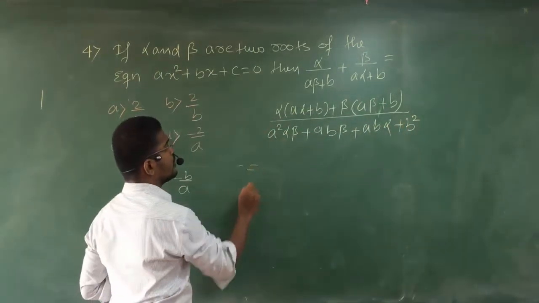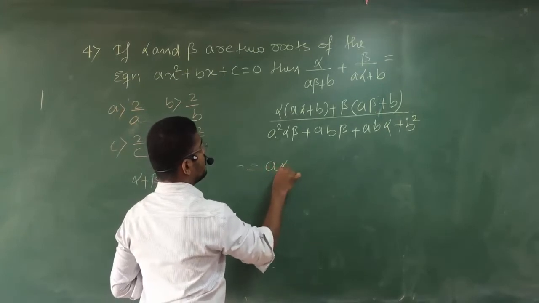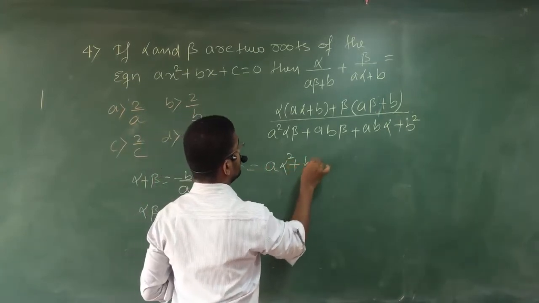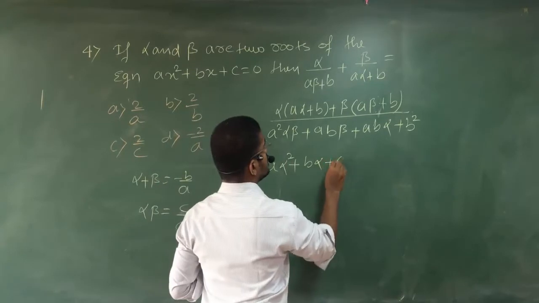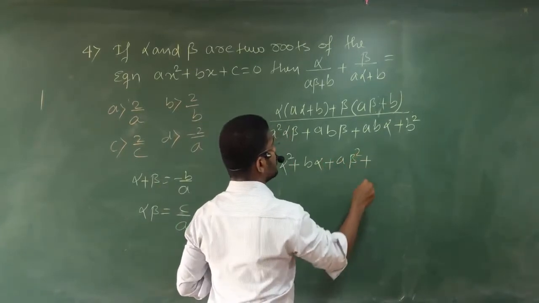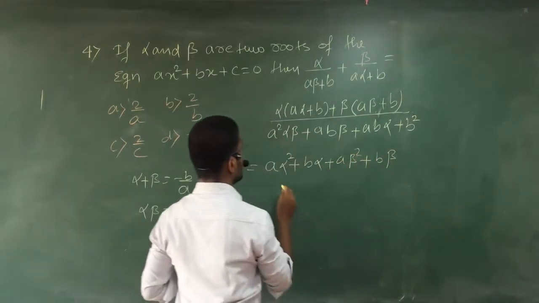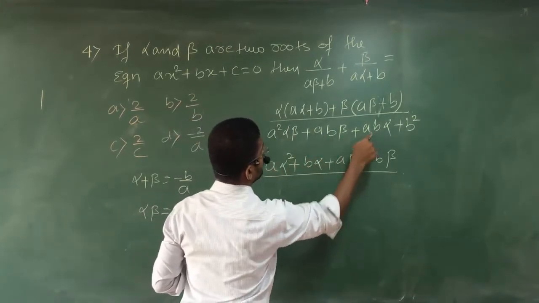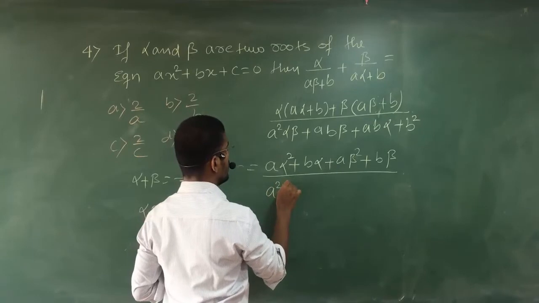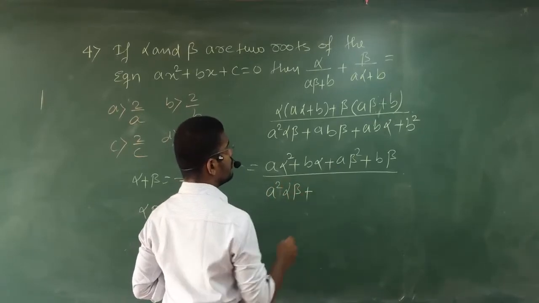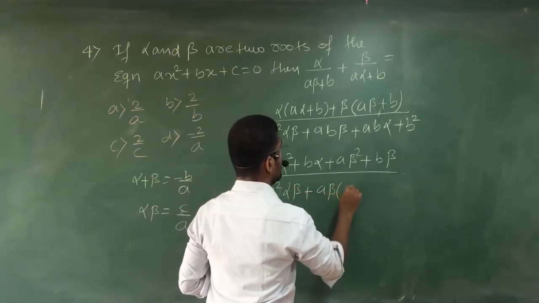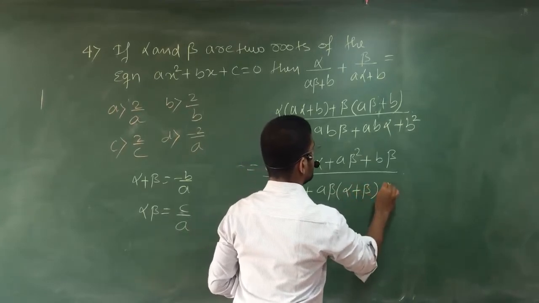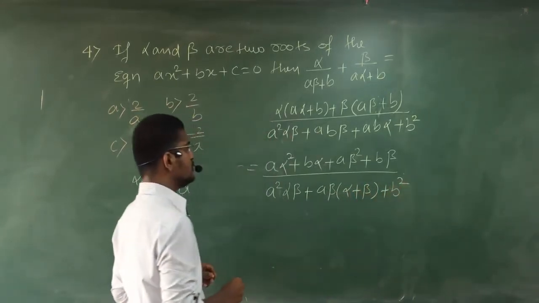So this will be equal to a alpha square plus b alpha plus a beta square plus b beta divided by, here ab common, a square alpha into beta plus ab alpha plus beta plus b square.